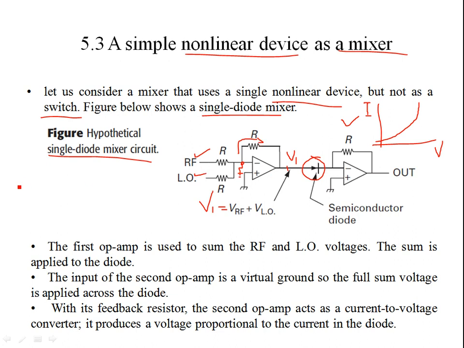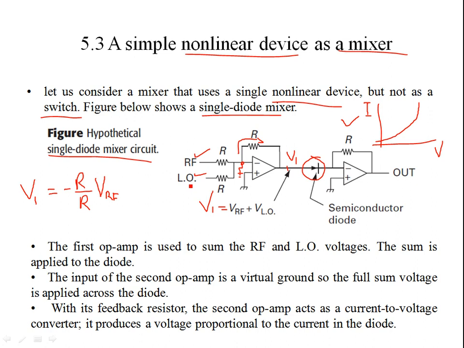So you can express V1 in terms of the inputs VRF and VLO as minus R over R. Since the input is at the inverting terminal and the non-inverting input is grounded, we have minus R over R VRF.